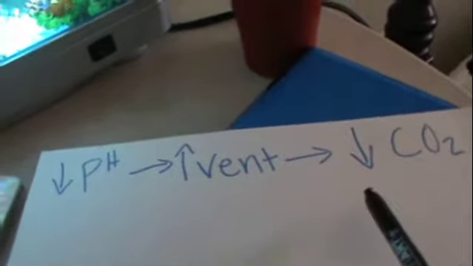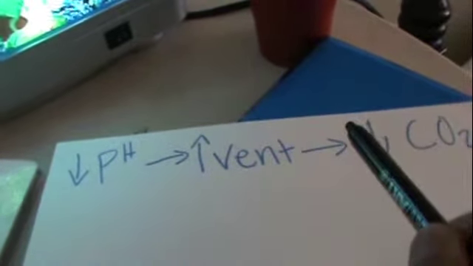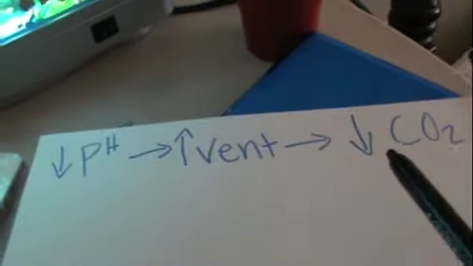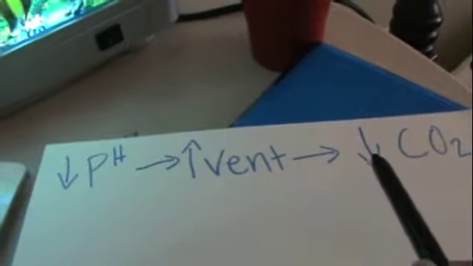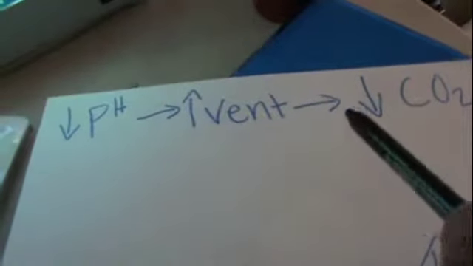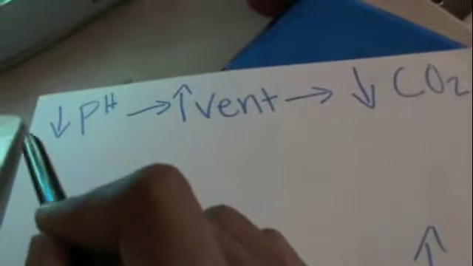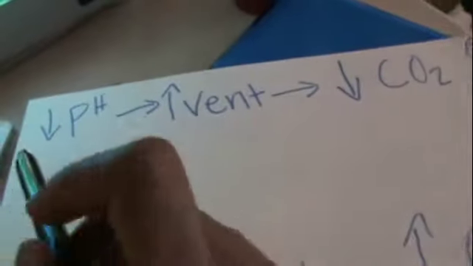Okay, now remember what I told you. Look at the CO2 and the pH, where are they pointing? Remember the ventilation problems, the respiratory problems, they were pointing in different directions. Now they are pointing in the same direction. You see pH and the CO2, when they are pointing in the same direction, it's a metabolic problem.